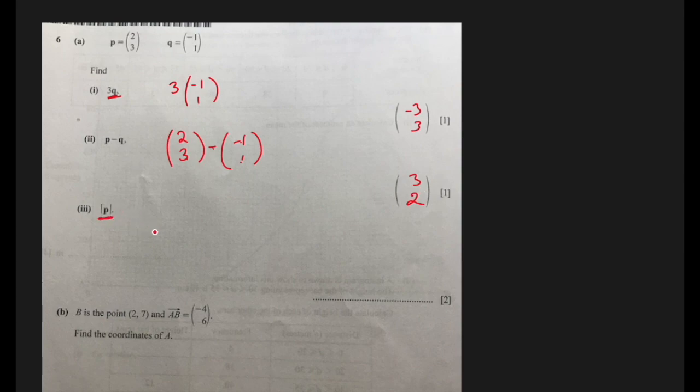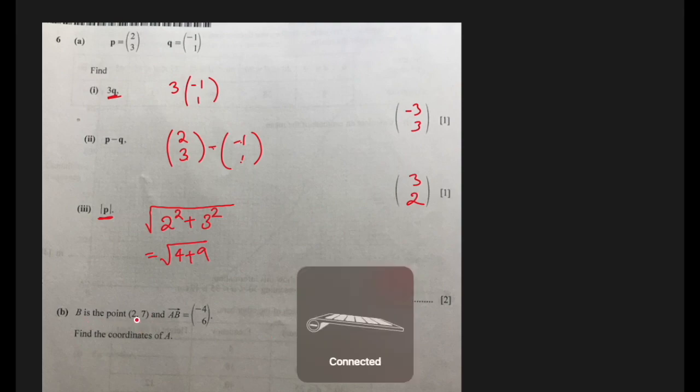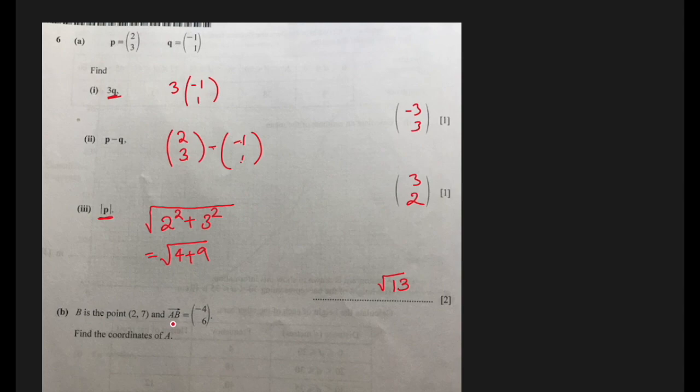The magnitude of P is found by taking the square root of the x component squared, which is 2 squared, plus 3 squared, which is 4 plus 9, so square root of 13. That is the magnitude of P. B is the point (2, 7), somewhere. AB is this.